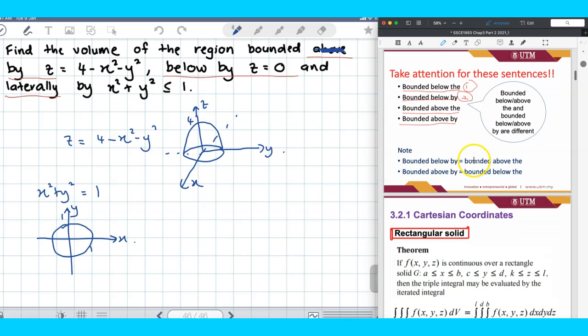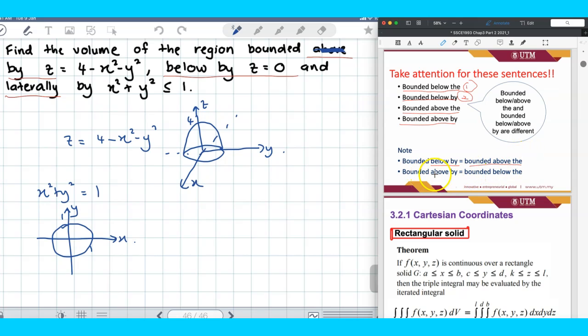So what we can take note of here is that bounded below by has the same meaning as bounded above the. Let's say bounded below by the line y equal to x is the same meaning as bounded above the line y equal to x.